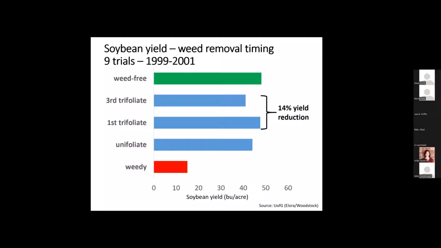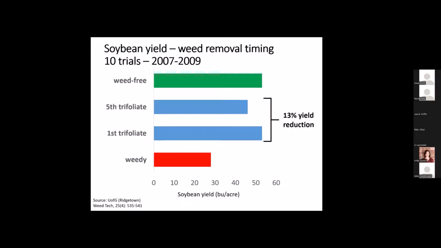Now, if we fast forward another 7 years, more weed removal timing studies were done in the province, this time out of the Ridgetown campus, University of Guelph, and we see similar trends. In this case, yield losses from weeds from doing nothing were around that 60% range.